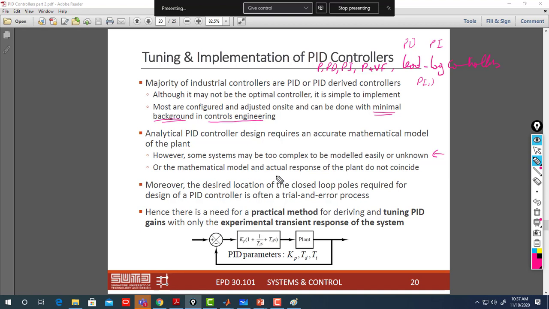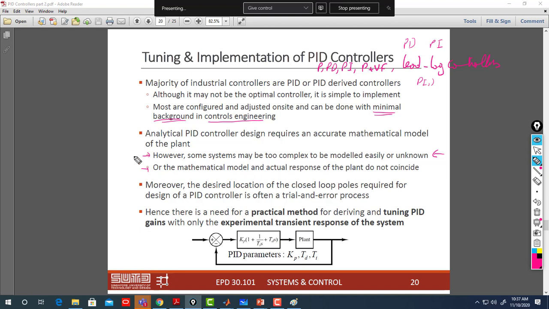Or in any and every case, the mathematical model and the actual response of the plant don't coincide. So they are not completely the same. It's not accurate. Okay, here is the explanation of what we mean by not accurate mathematical model. The mathematical model and the physical system cannot be 100% the same.